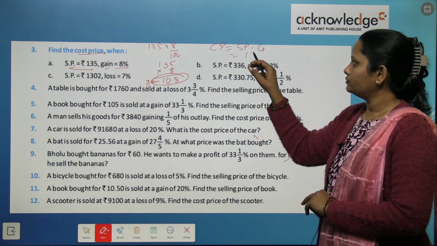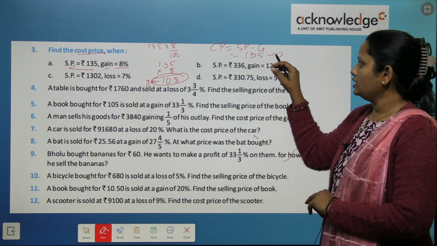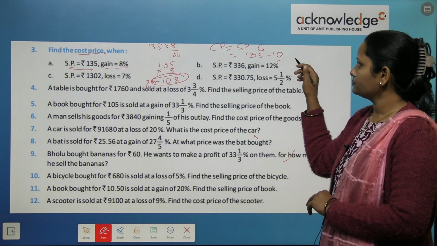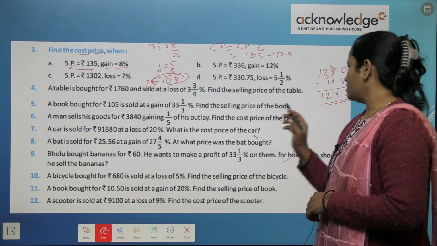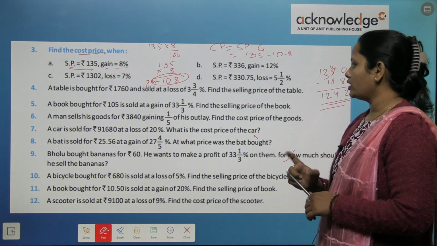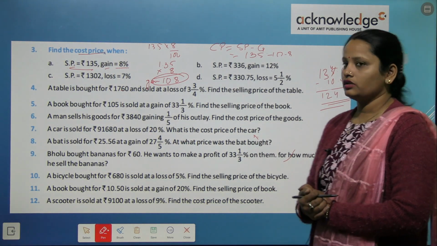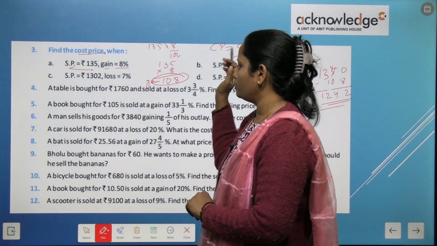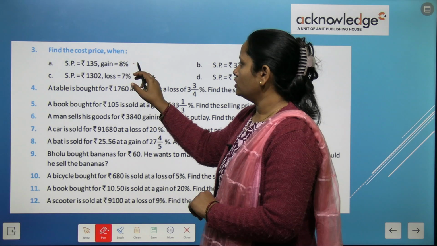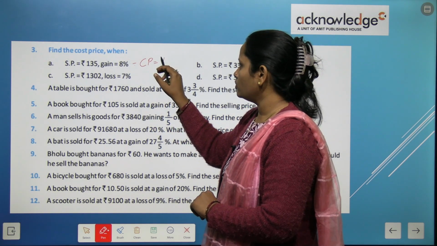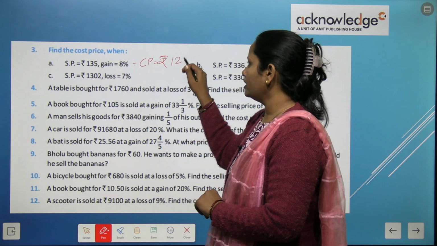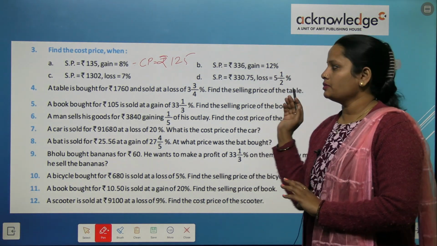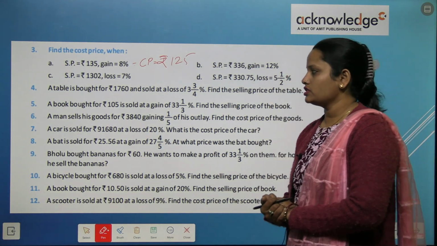So here when we subtract these numbers, we get, on an average, 124.2, which can be written as 125 rupees. So here the cost price is rupees 125. Similarly, you have to do the rest of the questions.